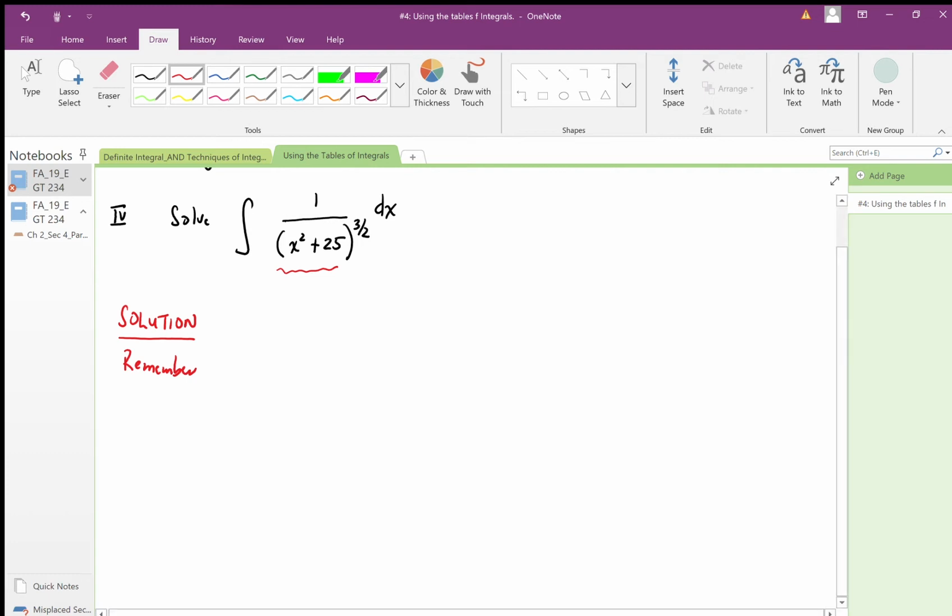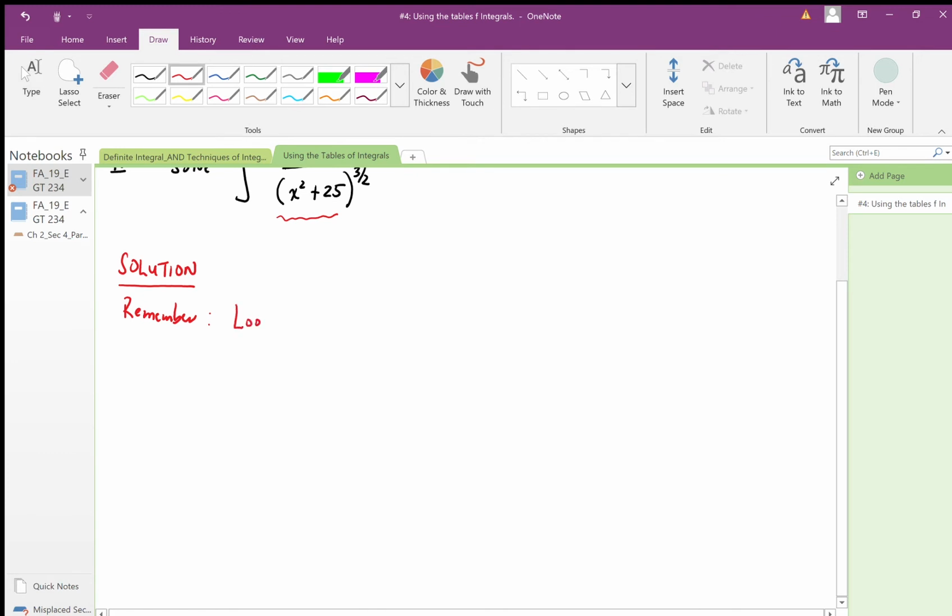So in this case, this form here, if you look at your integration table, okay, in particular number 76, in Appendix A, and that's on page 766.